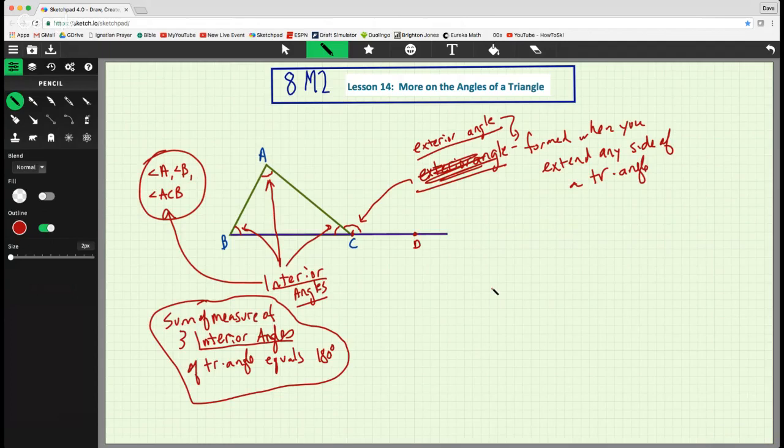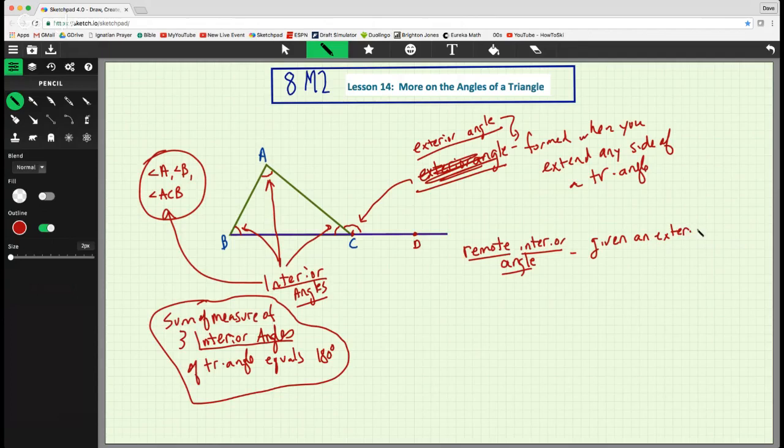Now, the final key piece of terminology is called a remote interior angle. And a remote interior angle, there's two of them, for any given exterior angle.